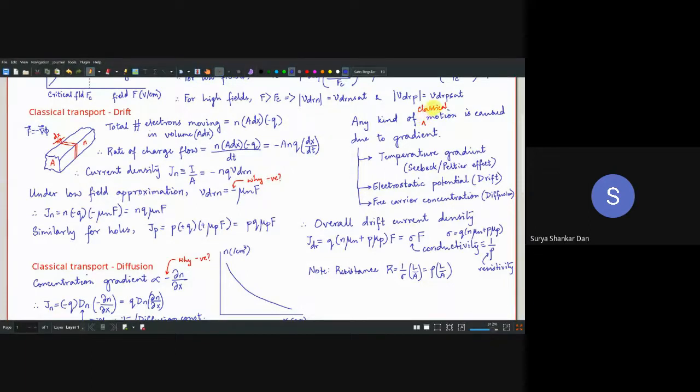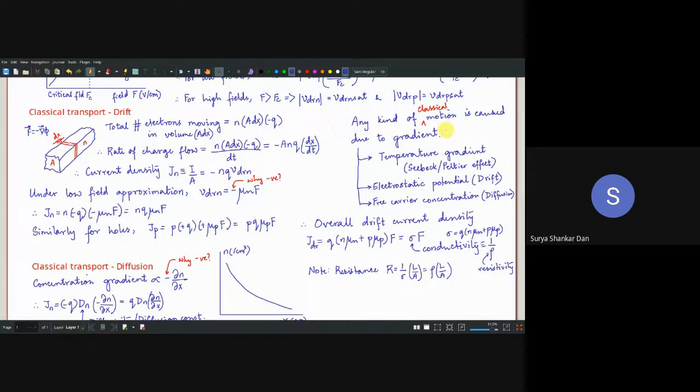However, those of you who are interested to work with me, we are going to understand quantum transport in our research group. But in this course, it is only classical transport. So any kind of classical motion is caused by a gradient. This is something you must always remember.